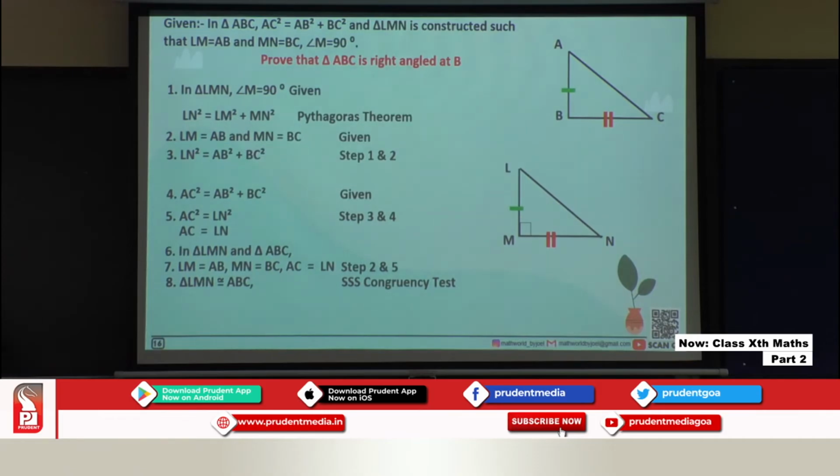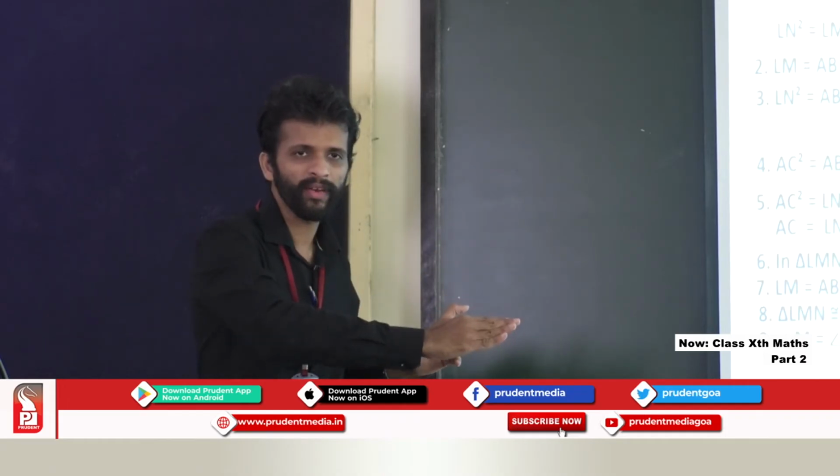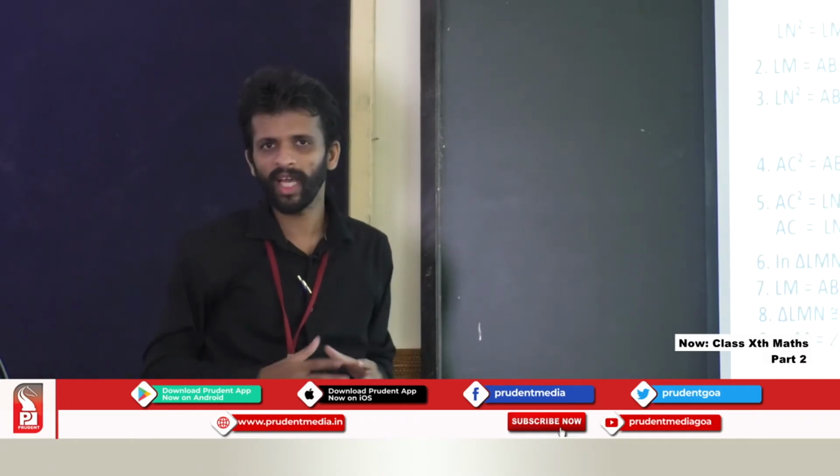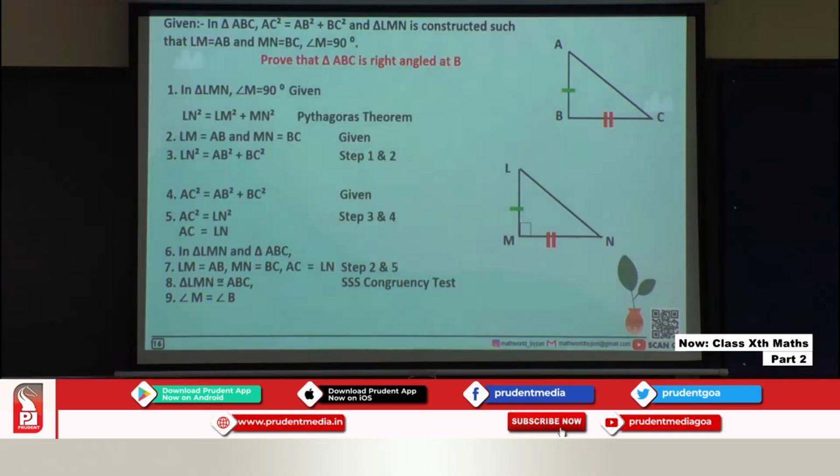Now, this is like your 9th standard portion, proving two triangles to be congruent. If triangles are congruent, every angle of that triangle will be equal to the corresponding angle of the other triangle. So, based on that, I can say angle M is equal to angle B, correct? And angle M was how much? 90 degrees, right?